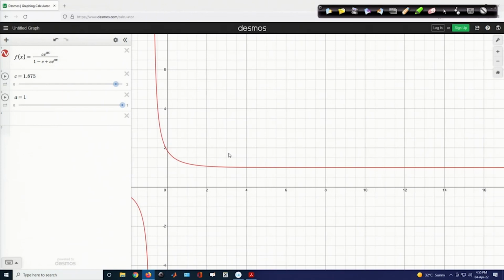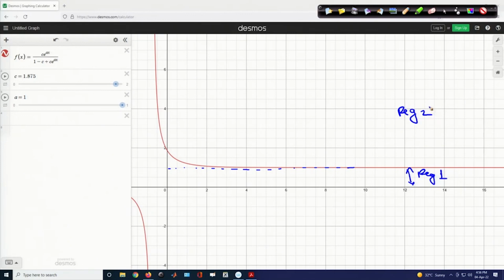Then let us confirm the rest of the parts of the phase portrait. This was region 1, this was region 2.